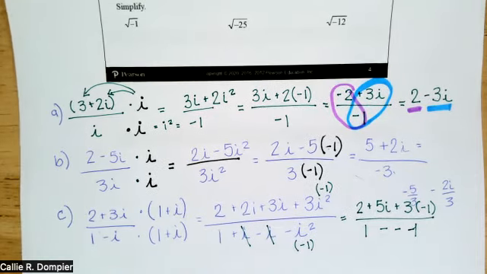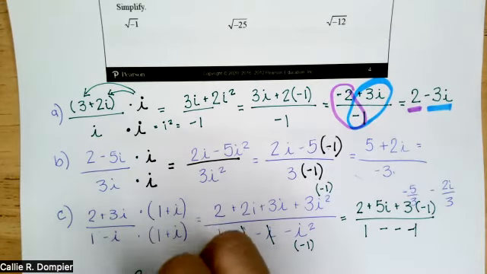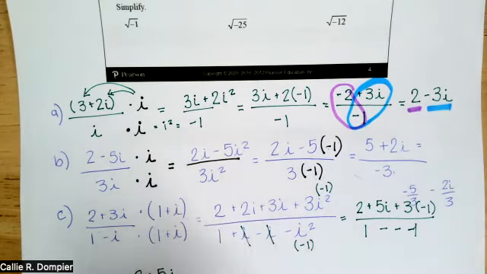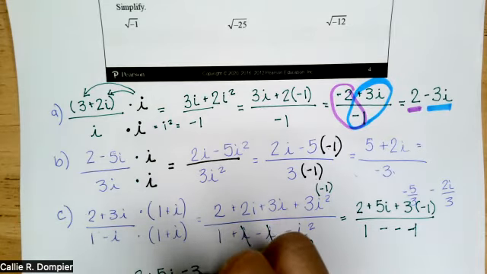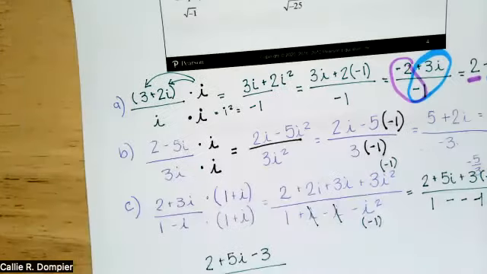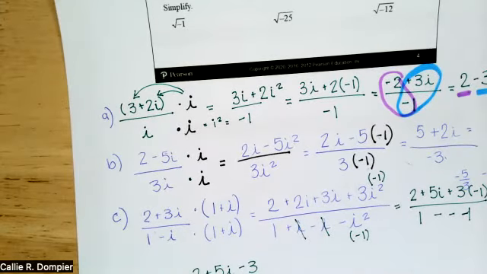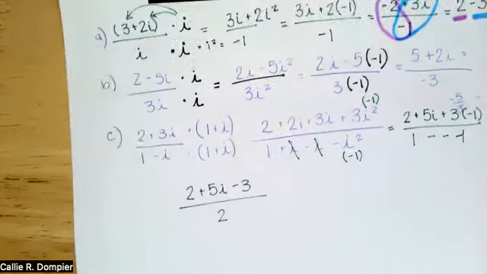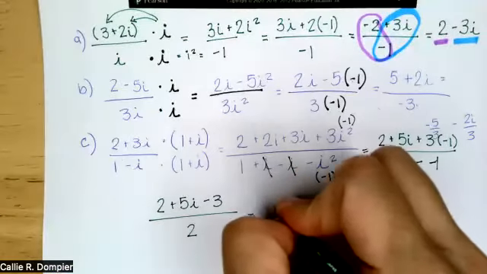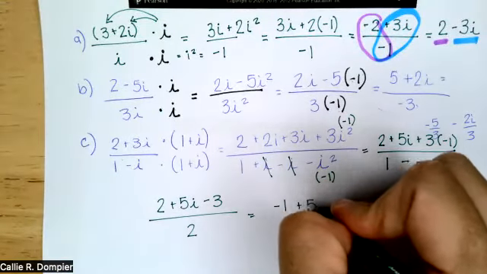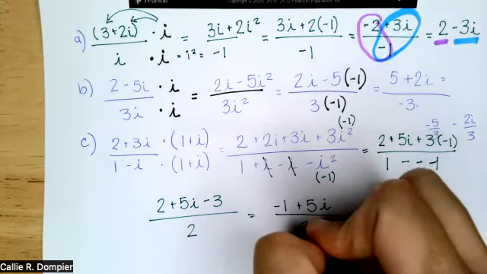So 2 plus 5i minus 3 over 2. 1 minus -1 is 2. So -1 plus 5i over 2.